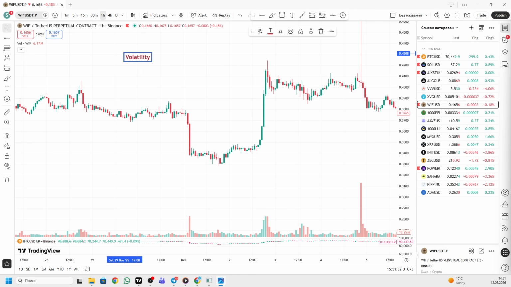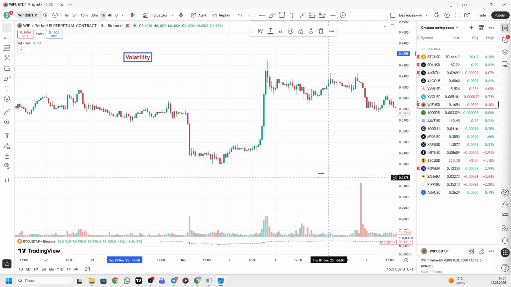Many of you probably know the ATR indicator, average true range. This indicator shows the average price movement range of an asset, meaning its average volatility over a certain period of time. But honestly, guys, if we simplify it as much as possible, we just compare candles.